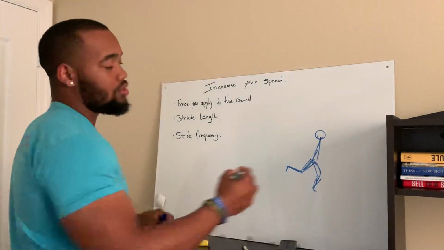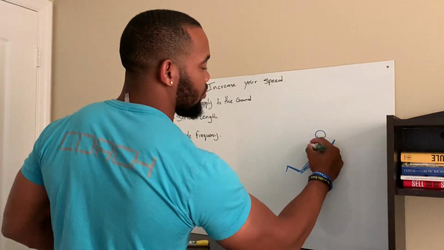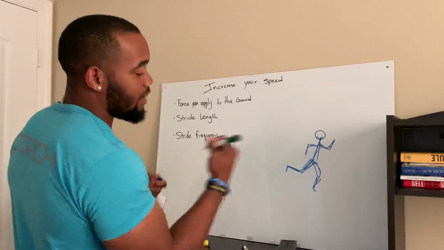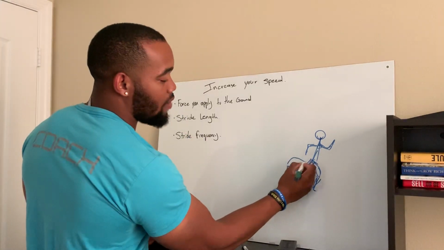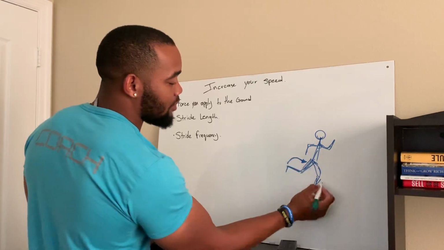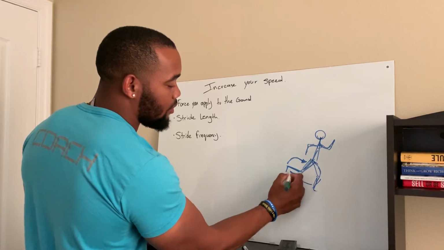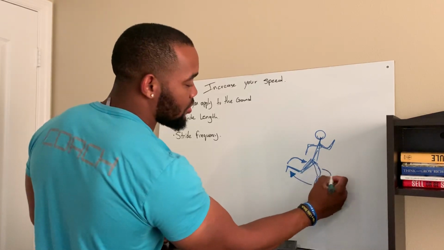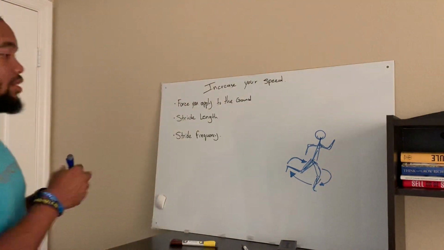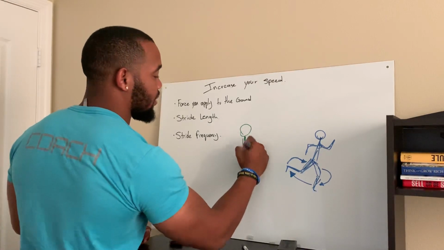So I'm going to draw the two to give you an example. So this is an athlete using back lift. So now they're overly compensating because they're taking a longer stride turnover time because they're going so far with their stride. Instead of someone that is cycling.